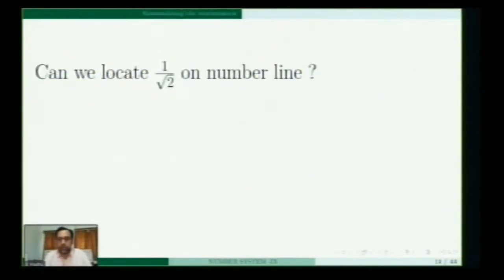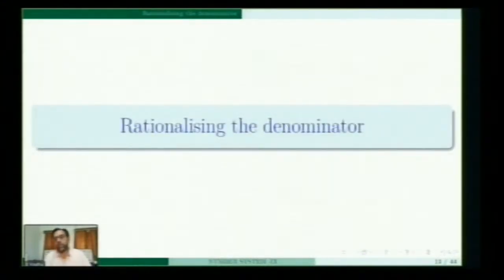Okay. So now we are going to see the next method, called rationalizing the denominator. We are going to use the previous concepts now, what we have studied in algebra. Now the question I want to ask you is, can we locate 1 by root 2 on the number line?